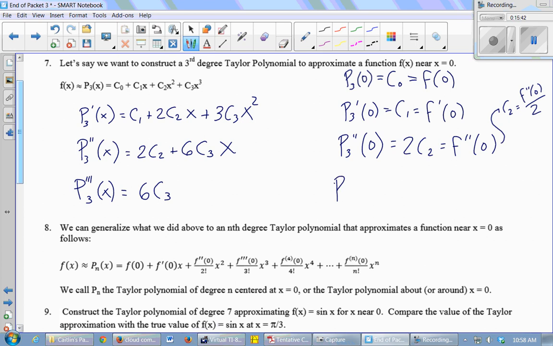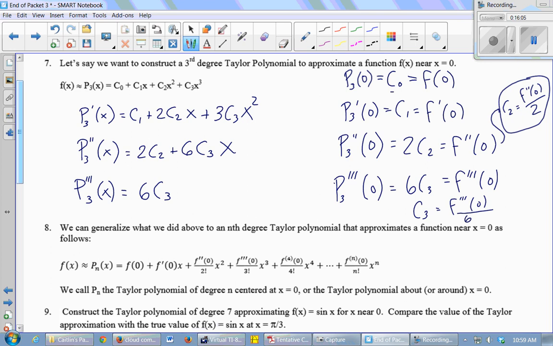And then I take my P3 triple prime, plug in a 0, and I get 6c3. I'm going to force that to equal f triple prime of 0. So to solve for the coefficient c3, I would just divide both sides by 6. So I have found the 4 coefficients I need to write a cubic polynomial that will approximate f of x near 0.